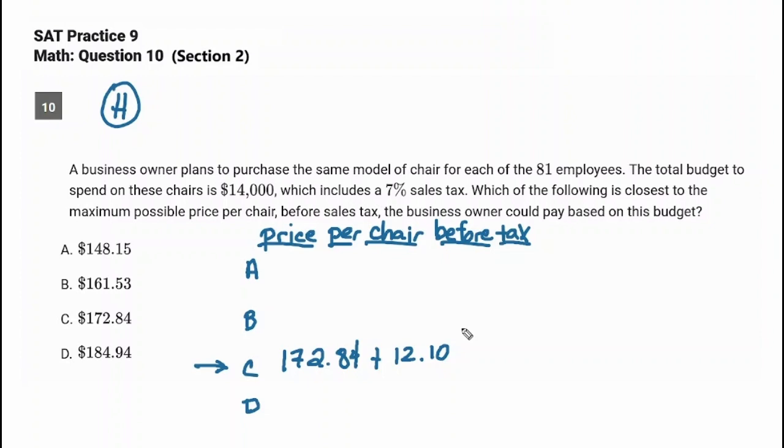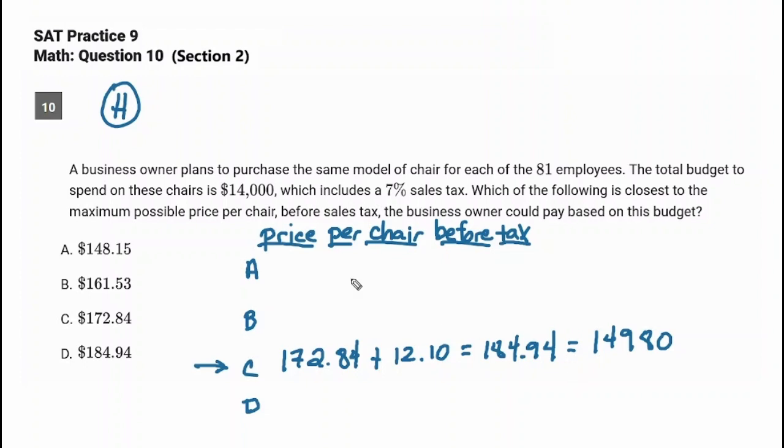You're going to get 184.94. You're going to multiply that times 81, the number of chairs. And when you do that, you're going to get a number that's about 14,980.